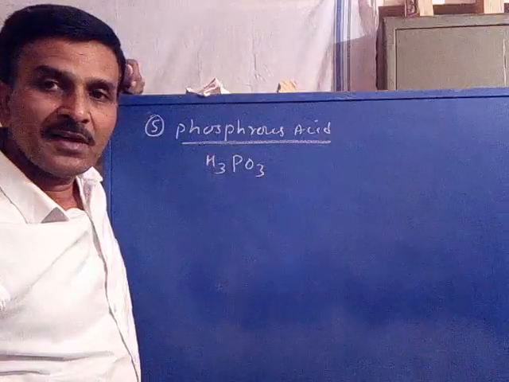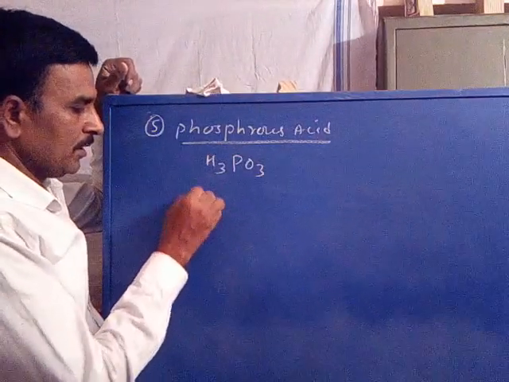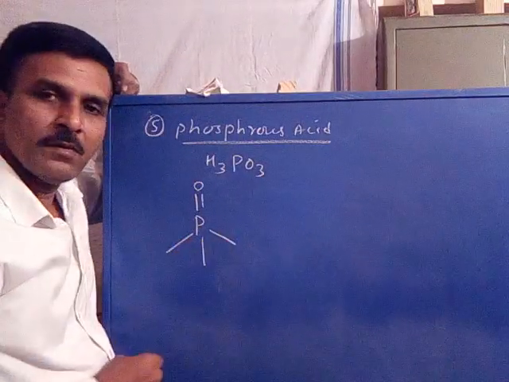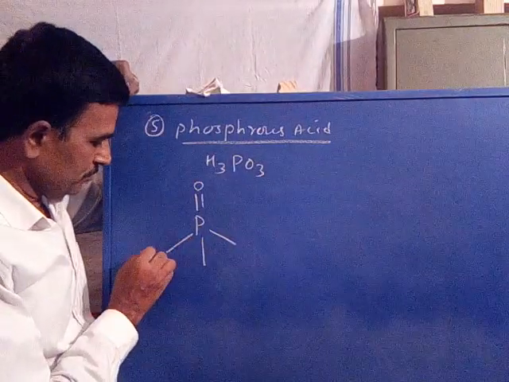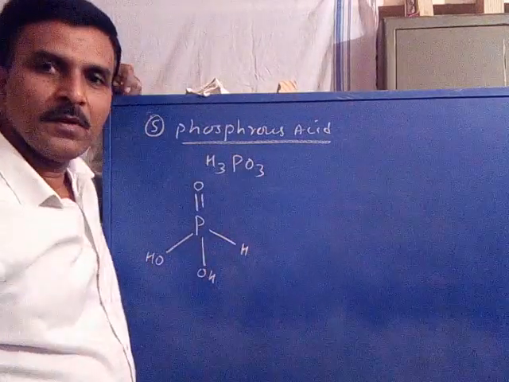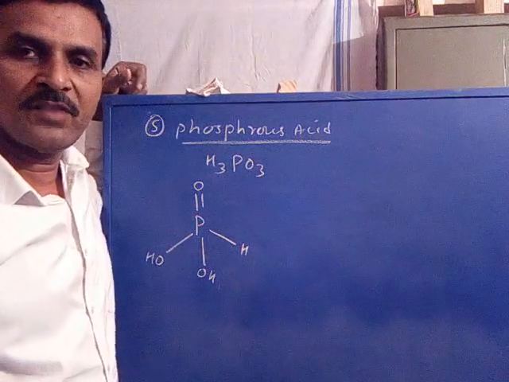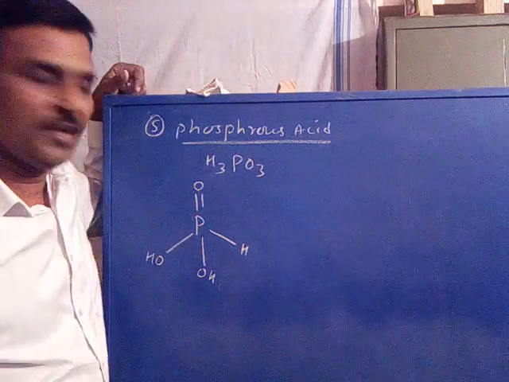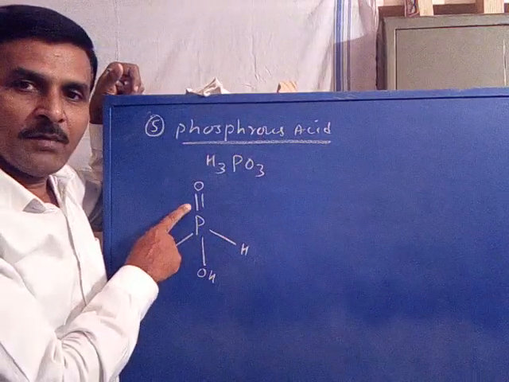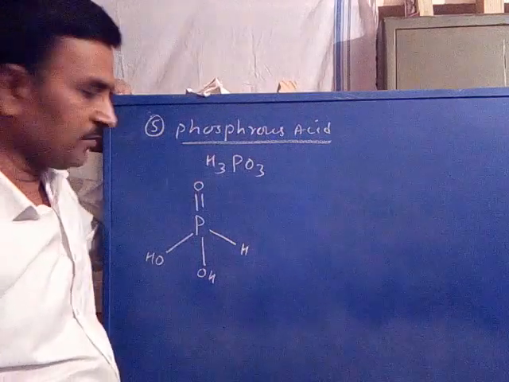It also has tetrahedral geometry: phosphorus double bond O, two OH groups, and one hydrogen. When compared with phosphoric acid, one oxygen is less in phosphorus acid. It is H3PO3. Therefore, two OH groups, one P double bond O, one hydrogen. Is it clear? So this is the tetrahedral structure.